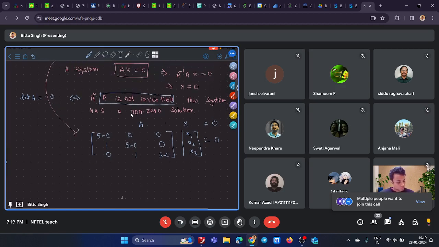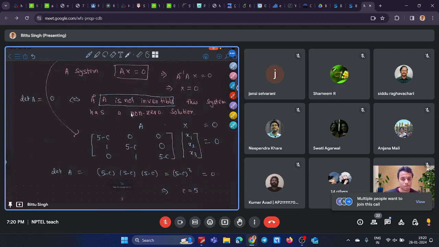Here, you can see the determinant of the matrix A is (5 minus c) times (5 minus c) times (5 minus c), which is (5 minus c) whole cube. And so this determinant should be 0. Therefore, c equals 5. Okay, is it clear?